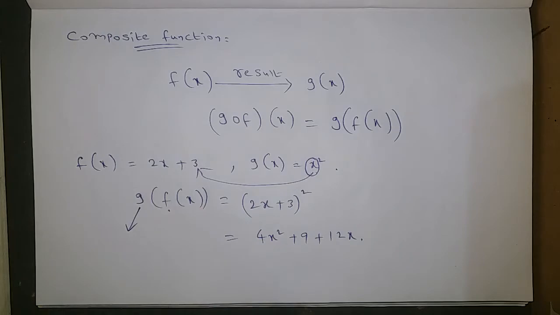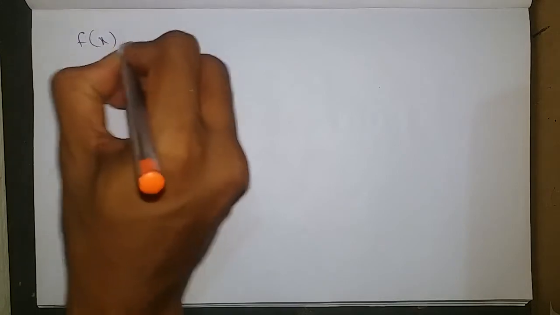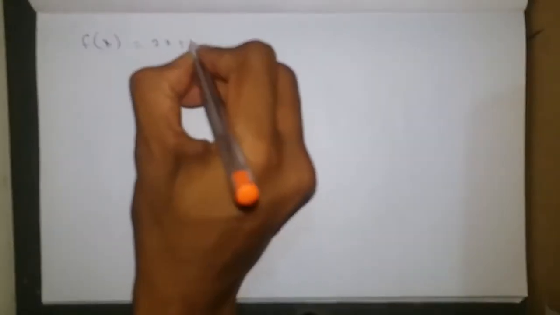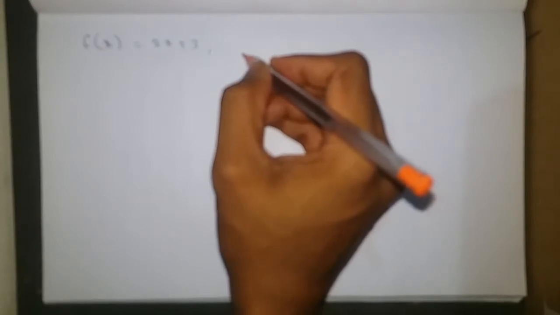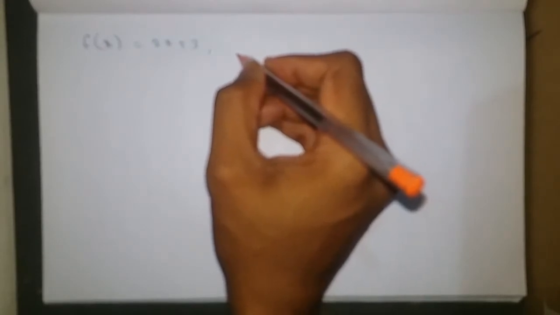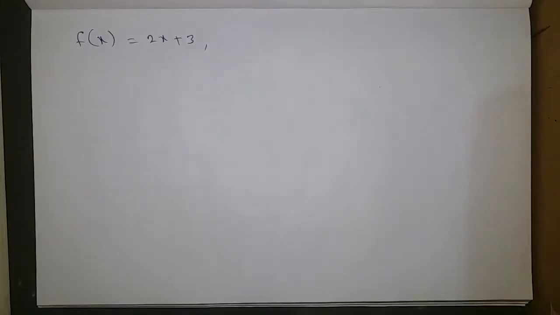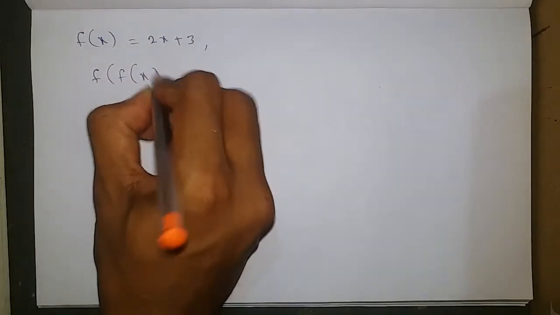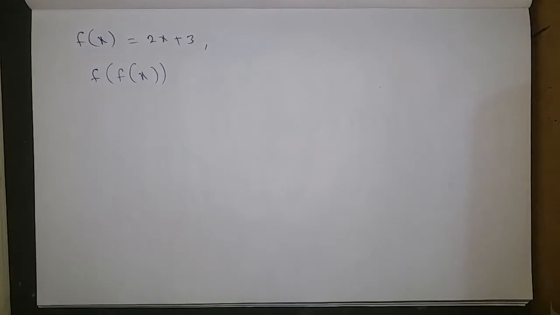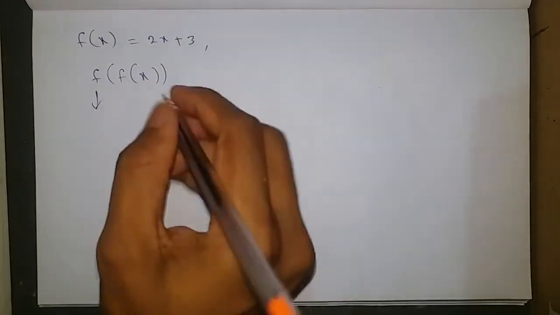Let us take one more example. We have f of x, that is 2x plus 3. Now the question is, what is f of f of x? It means in f again we need to substitute f only.